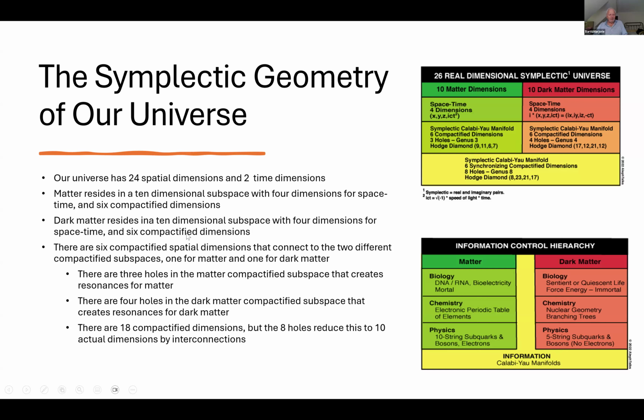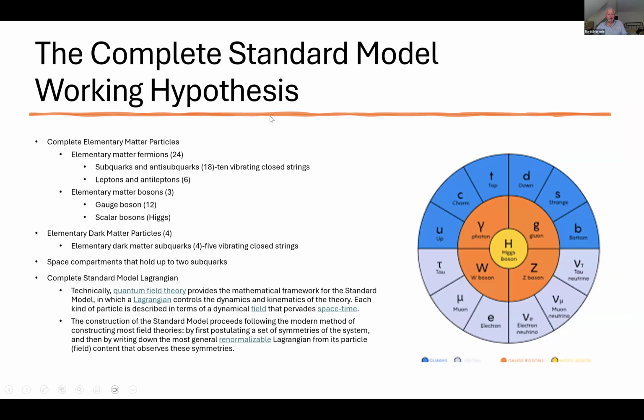So when we go back and try to summarize all this, plus we touched on the notion of information that coordinates, that controls everything, and apparently is using these other compactified dimensions to send signals around, controlling everything. We end up with a completely new standard model to encompass everything.